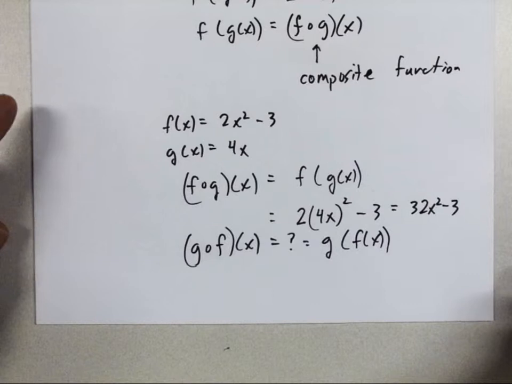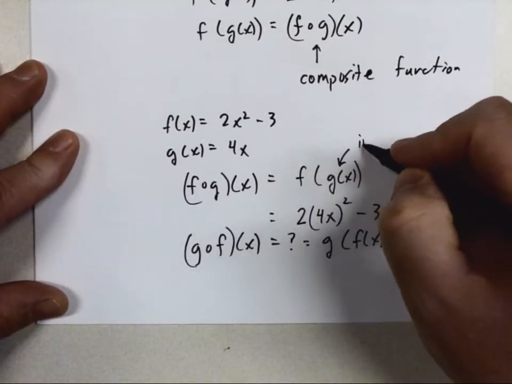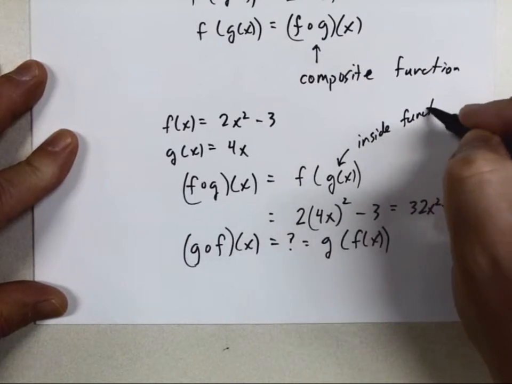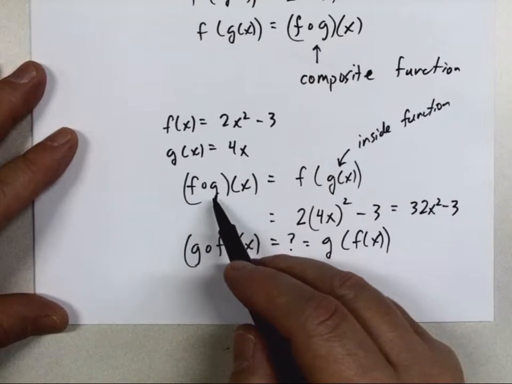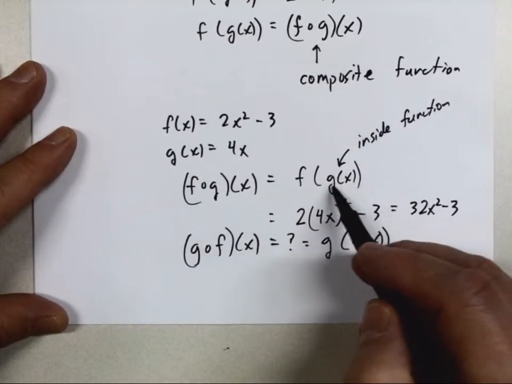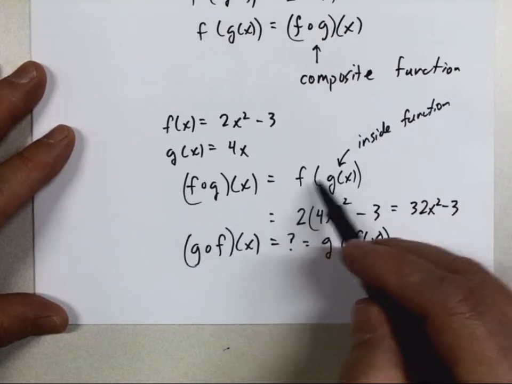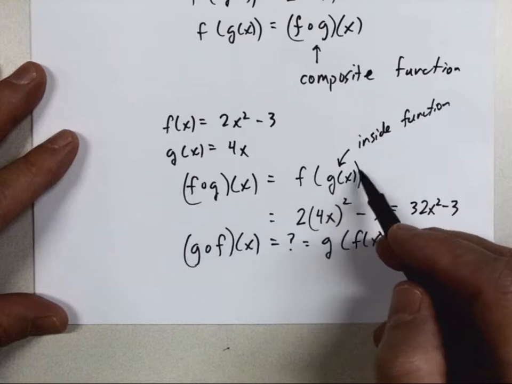Now let me take a minute to define something that we're going to have to talk about in a few minutes. When you have a composite, the second function listed, which ends up being inside of the other function, we just call the inside function.